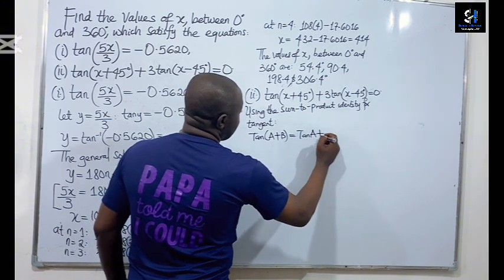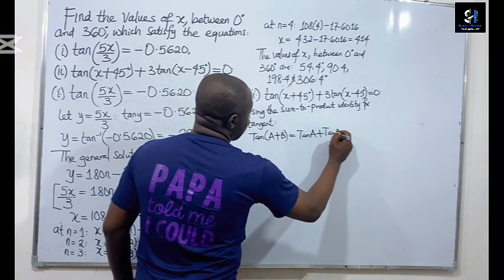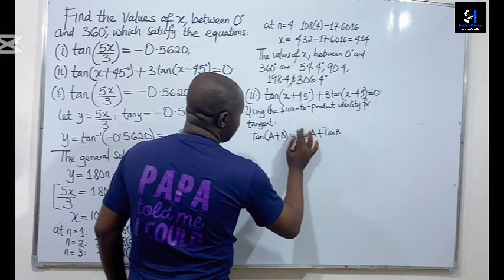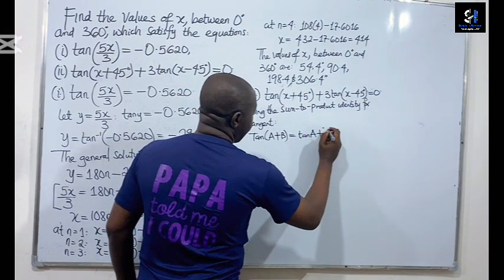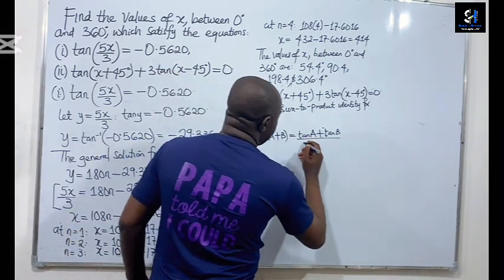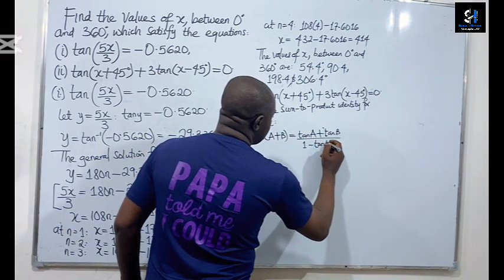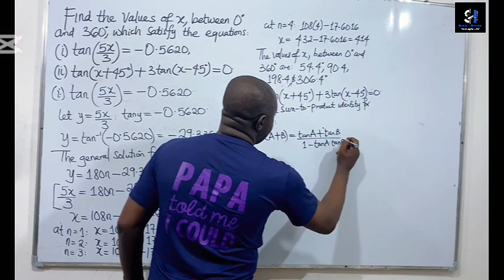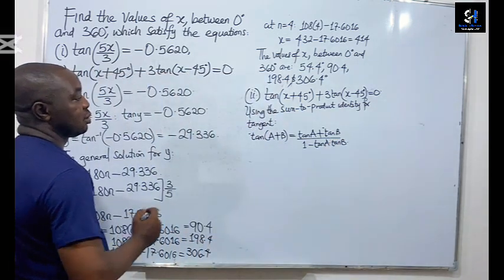This will be (tan a + tan b) over 1 minus tan a multiplied by tan b. Let me use lowercase letters.